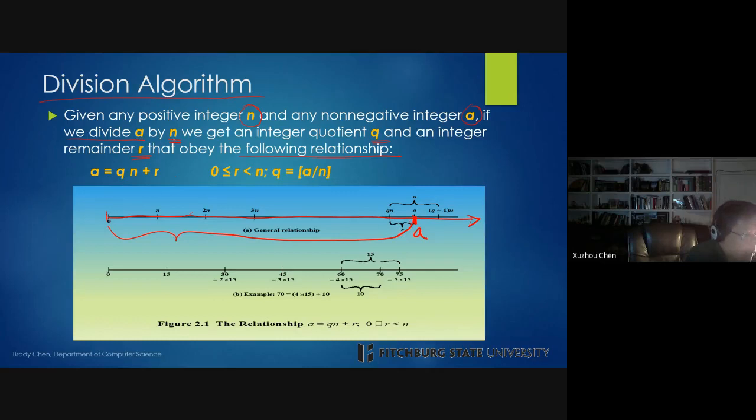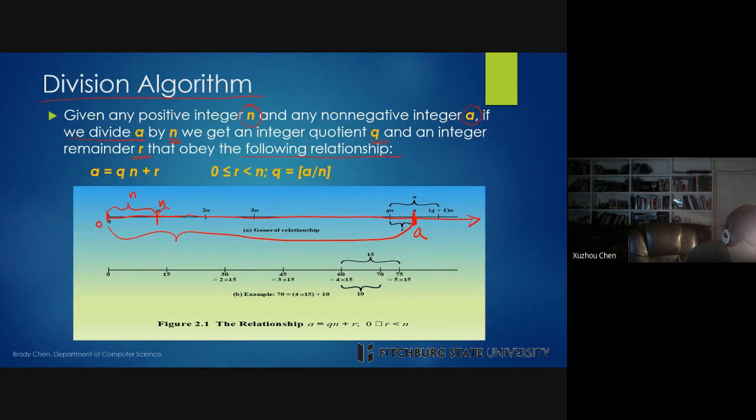So we divide a by n. That means we cut a into smaller pieces. Each piece is of size n. So here's a, and n is smaller than a. We cut one piece, that's n. If we start from 0, that's n, right?